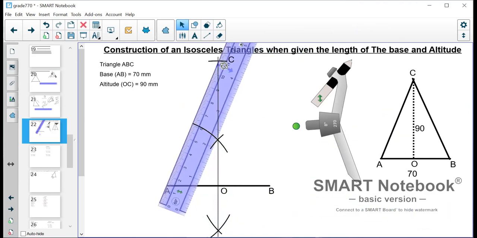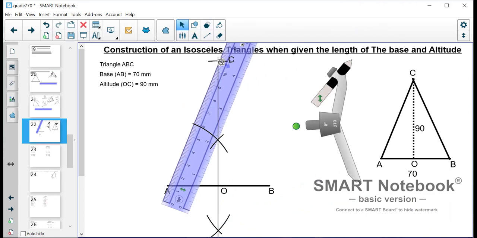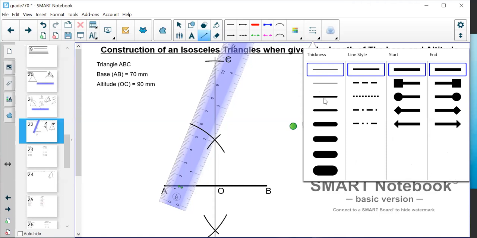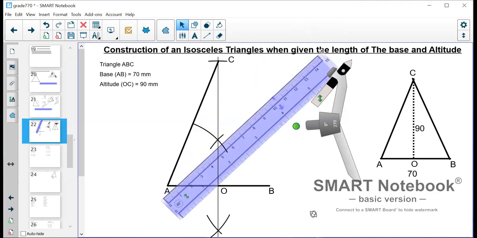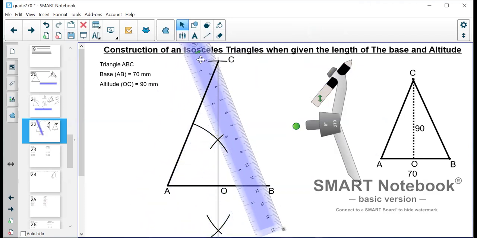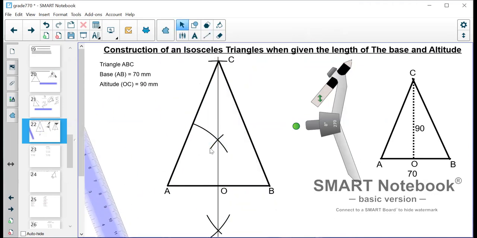So you simply go from A and you draw a line straight to C. And of course, you do the same, you rotate your instrument and you do the same from C to B. And that will give you your isosceles triangle.